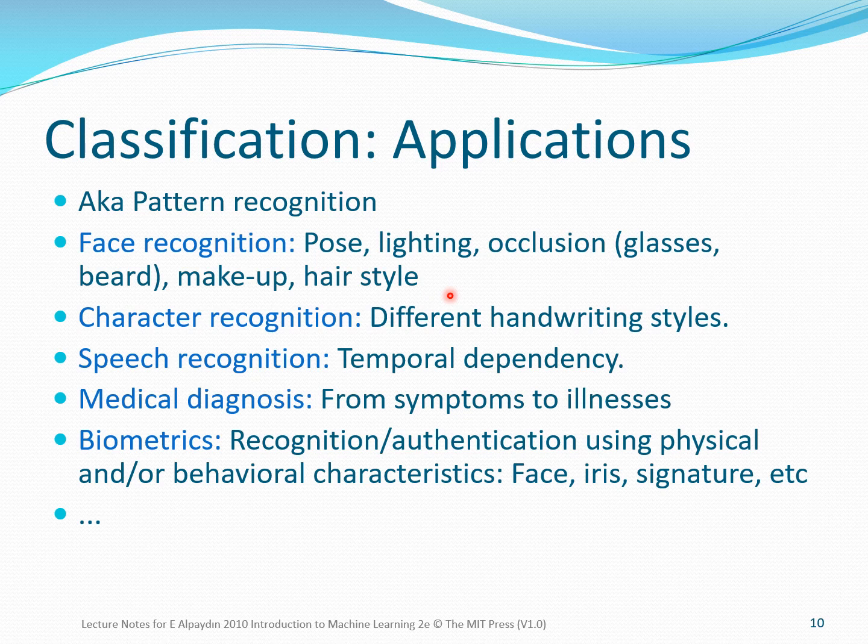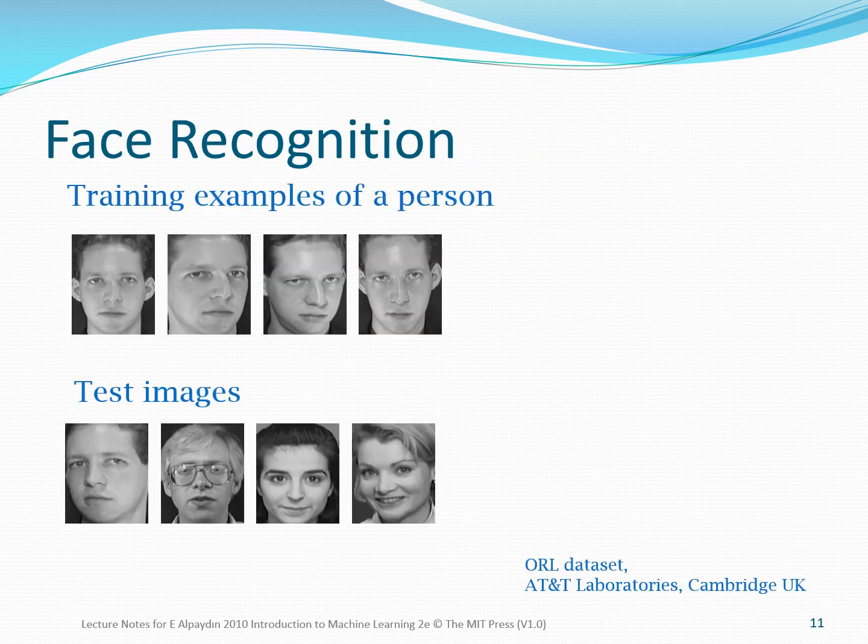It also helps in character recognition by identifying different handwriting styles, speech recognition, temporal dependency, medical recognition from symptoms to illness, in biometrics, that is recognition or authentication using physical and or behavioral characteristics, example, face, iris, signature, etc., and so on. In case of face recognition, the input is an image.